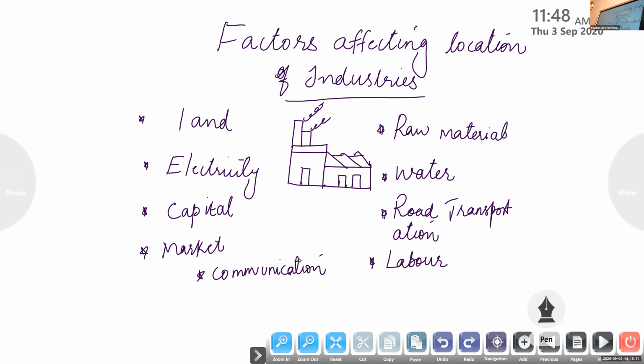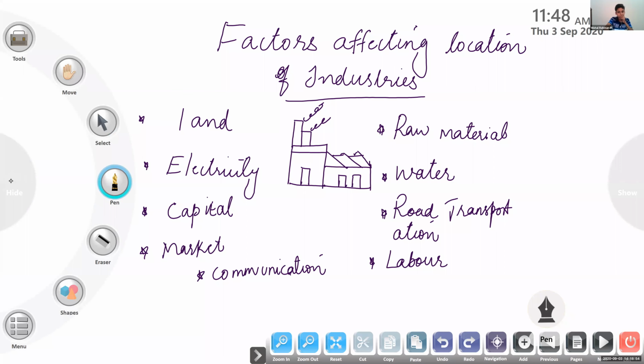Road transportation is essential. Right. Then labor. Workers. Right. These are the important factors affecting location of industries. So industries are located where all these factors are easily available. Is it clear? Yes, ma'am.